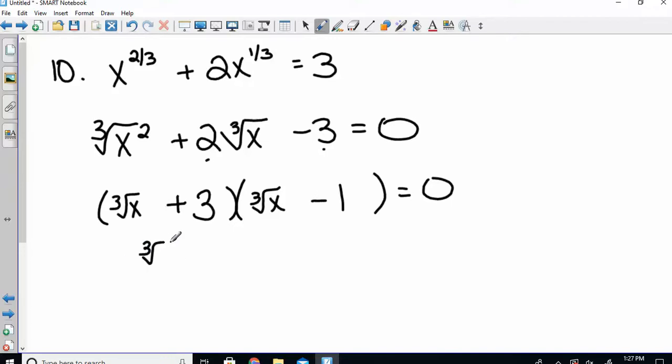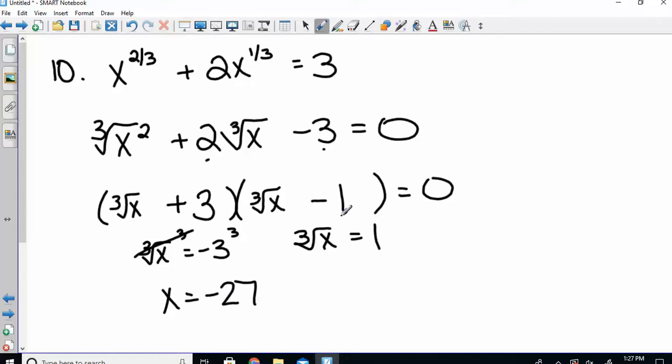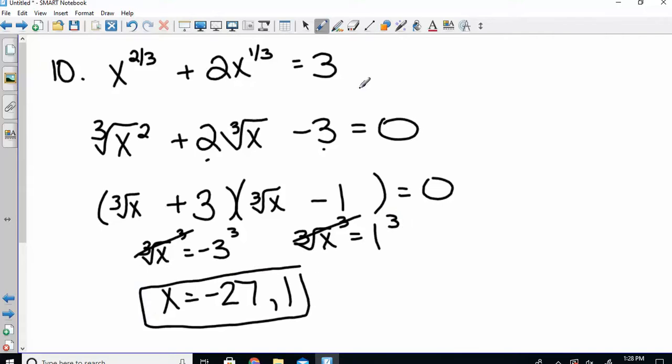So if you set each of those equal to 0, and then how do we get x by itself? Cube each side. So we get x to equal -27 and +1. And then you have to check them by putting them back into the original and making sure they work, which they do.